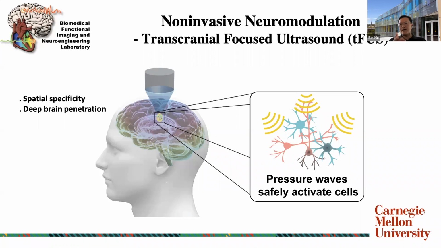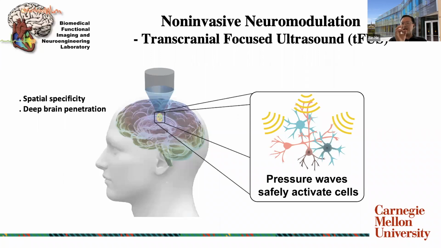Number one is its high spatial specificity. As I mentioned, my background initially came from electromagnetics. Either TDCS, TACS, or TMS, they are all electromagnetics-based neuromodulation. With electromagnetics-based neuromodulation, there is a volume conduction problem, which is fundamental physics, in the sense that whether you want to inject magnetic energy or electric energy into the brain, you cannot get to a focal point.